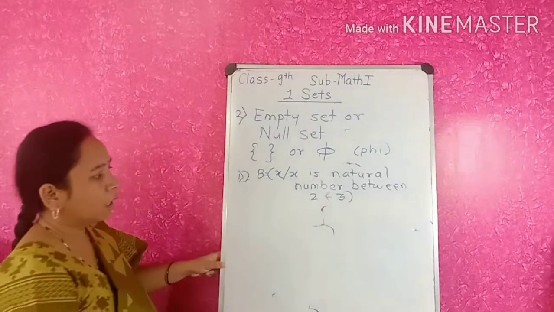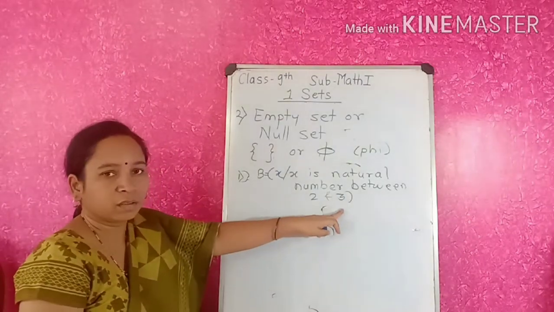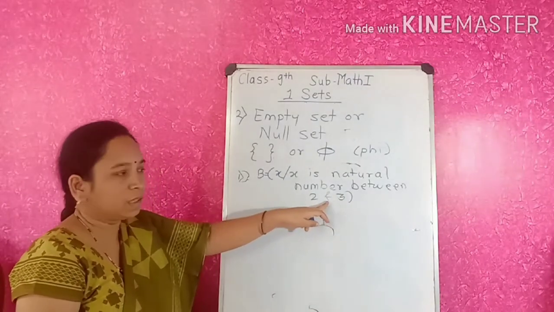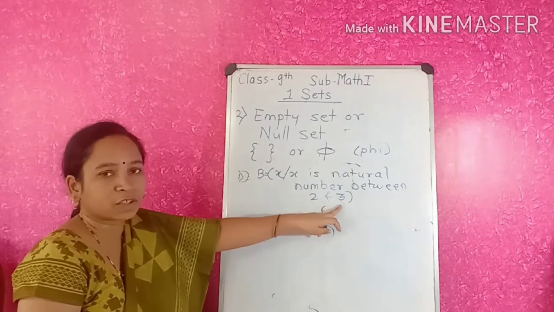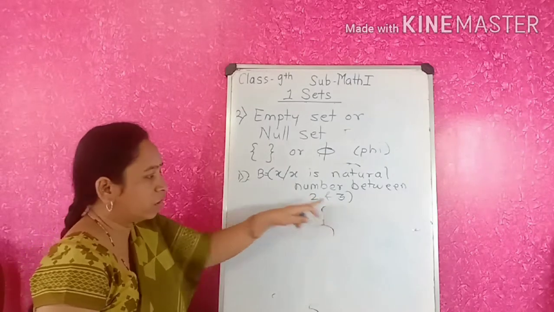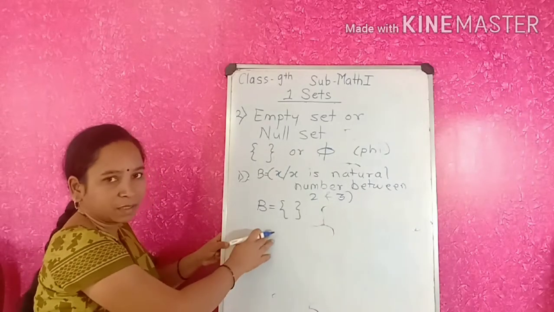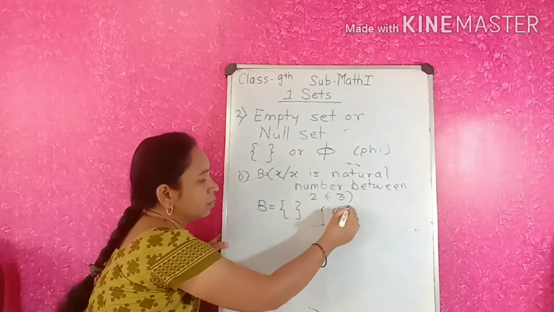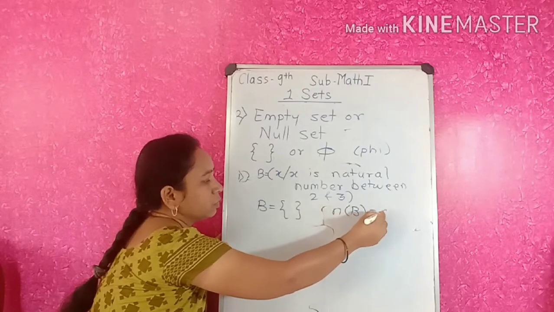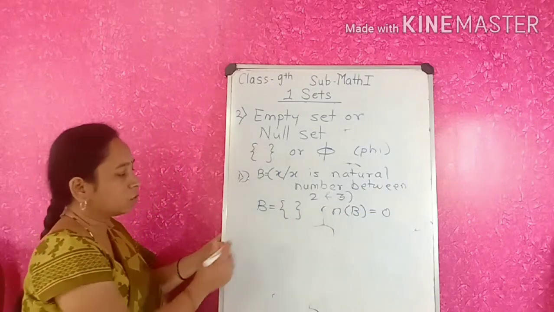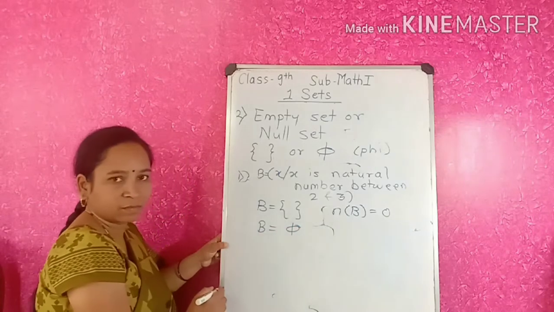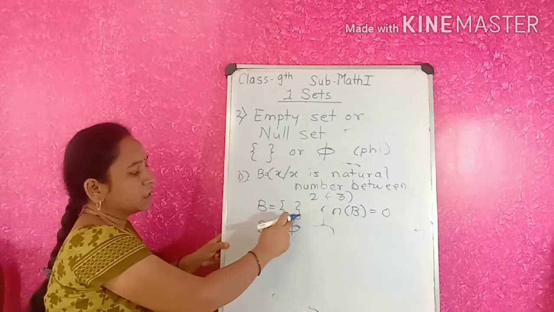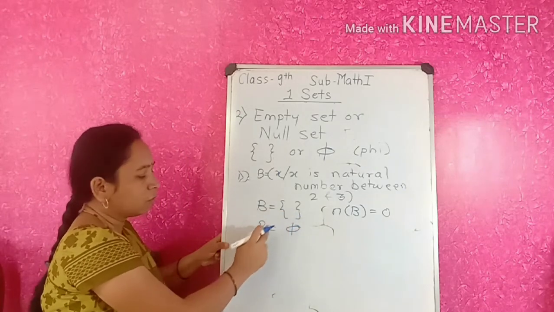Now, between 2 and 3, can you get any natural number? No, we don't get any natural number between 2 and 3. So B would be the empty set. So n of B is equal to 0. So it becomes an empty set. So I can write this by using the symbol phi. So B is a null set, B is an empty set, or B is phi.